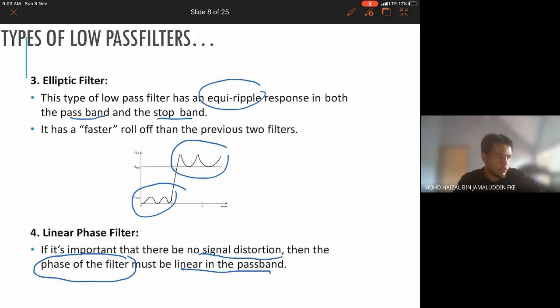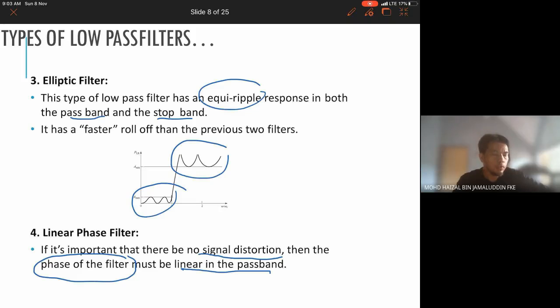In such a prototype, for example, R equivalent to 1 ohm and omega c equivalent to 1 radian per second. So this is basically a normalized prototype circuit.